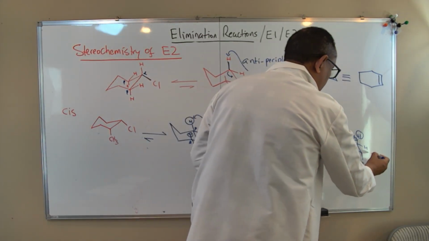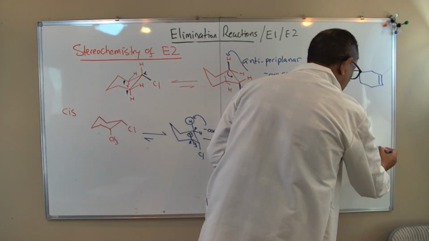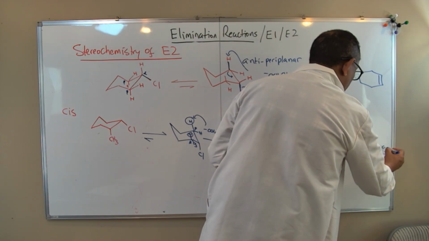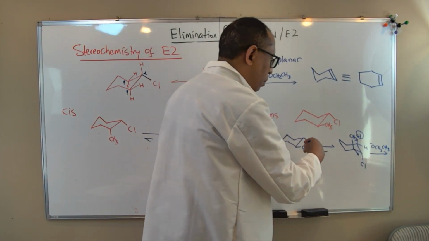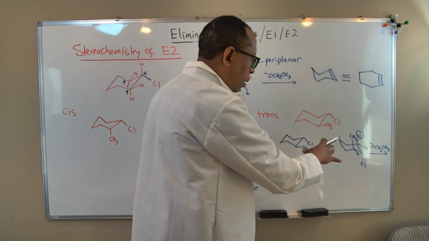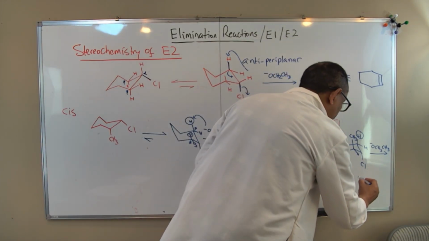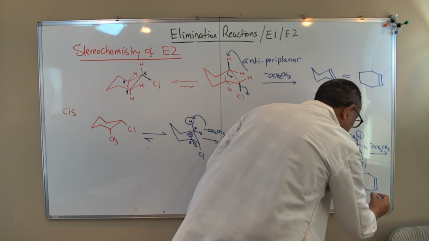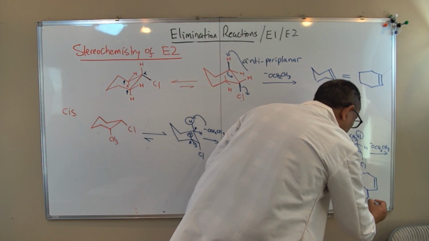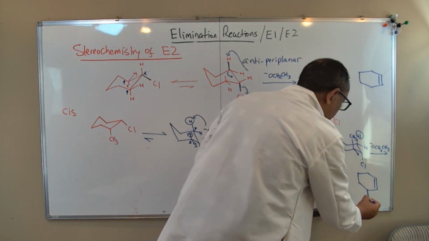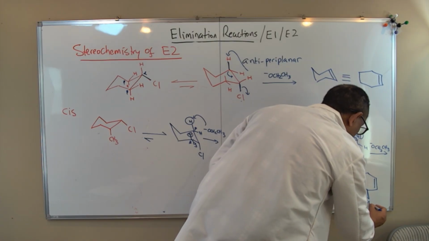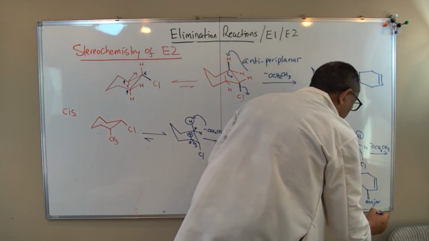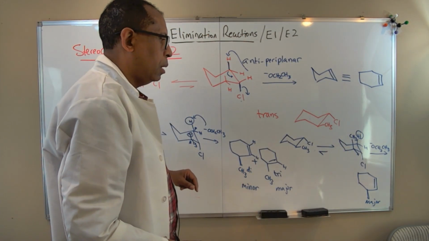So if you just use a base, OCH2CH3, the elimination product of that would give you this. See, this is the major product. It's only one product you have.